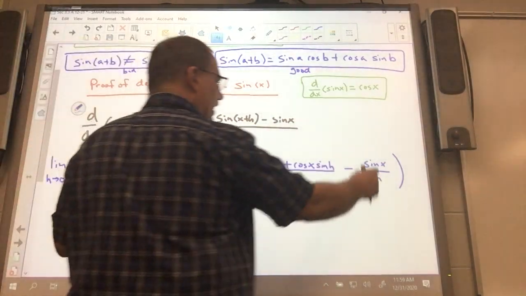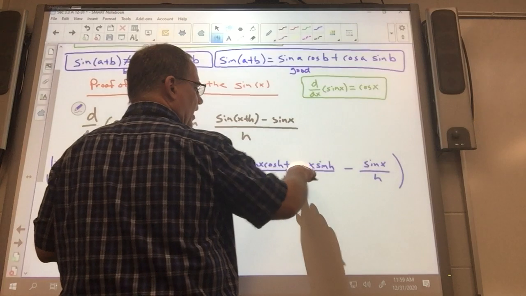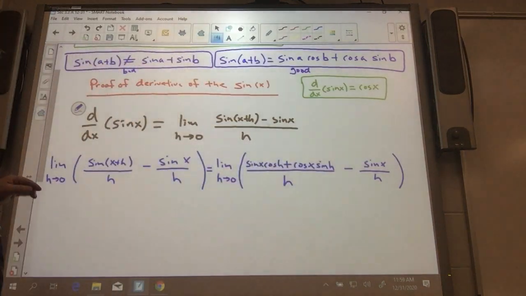Basically what I need is this sine of x to be with this sine of x, and this to be over there. So I'm going to basically move that around.